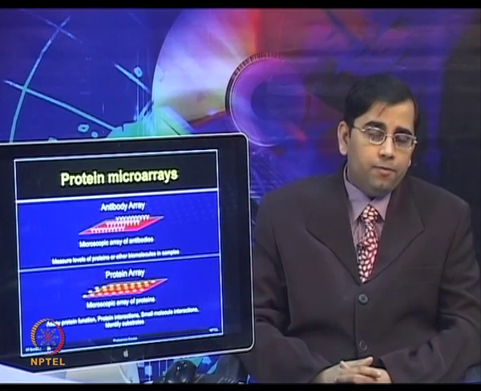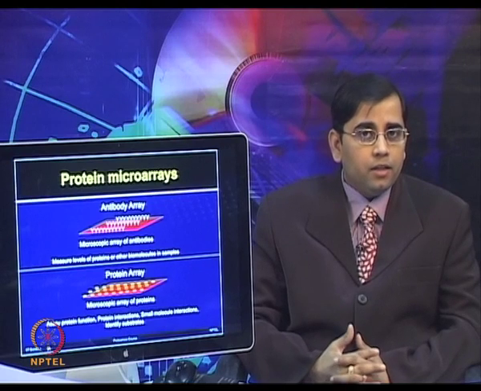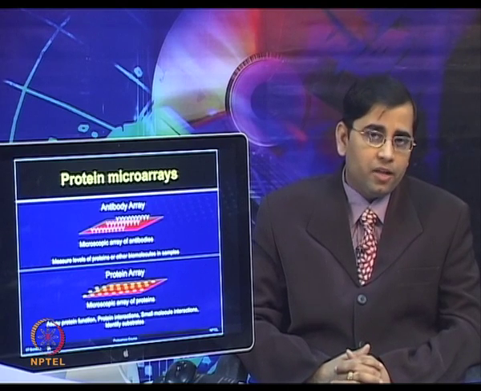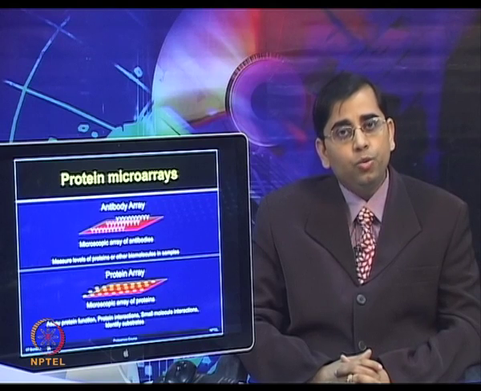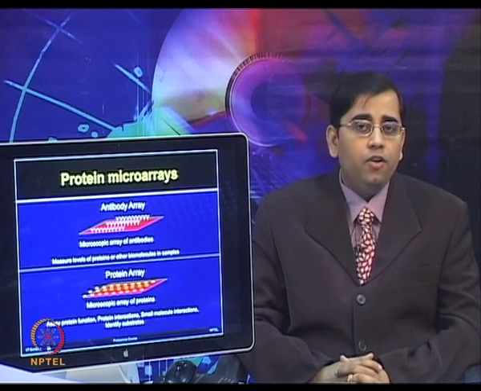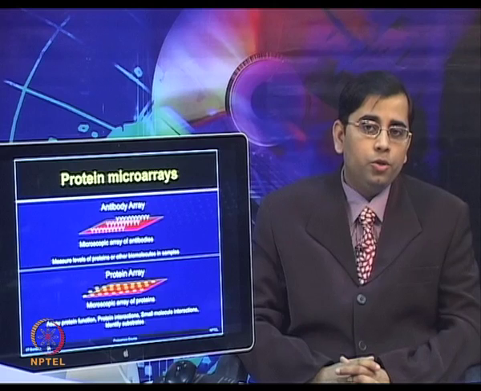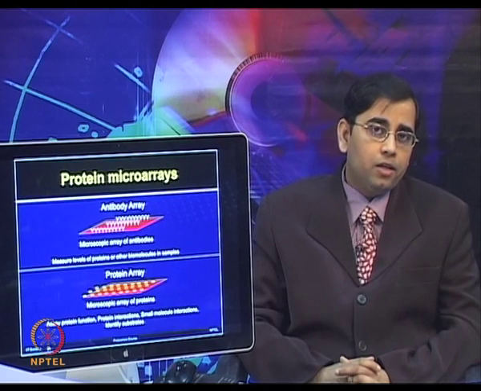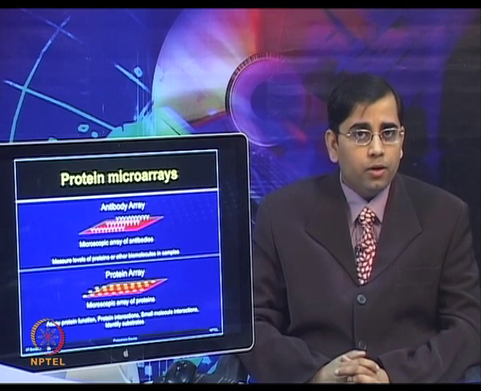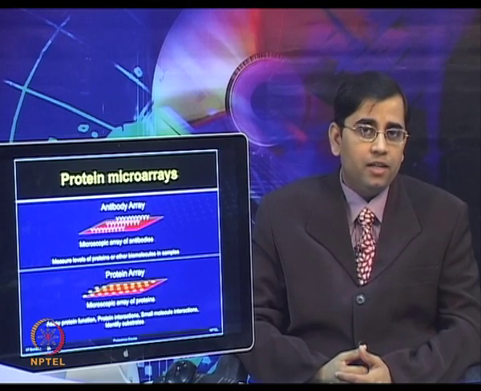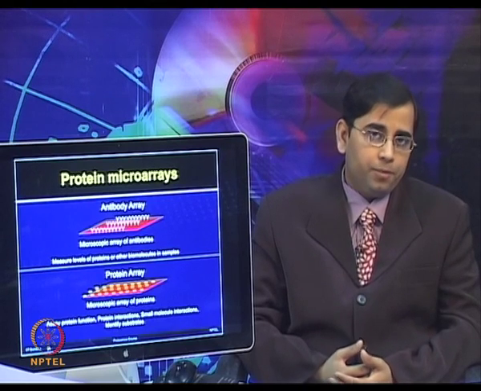So, antibody arrays print thousands of antibodies on the chip surface, and are then used for measuring the level of proteins or other biomolecules in different samples to compare control versus experimental conditions for protein expression.